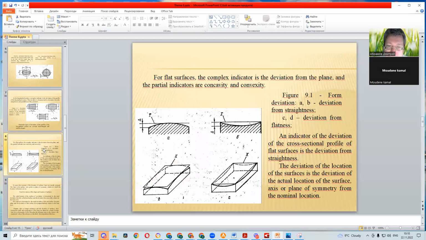For flat surfaces, the complex indicator is the deviation from the plane, and the partial indicators are concavity and convexity. Figure 8.5.